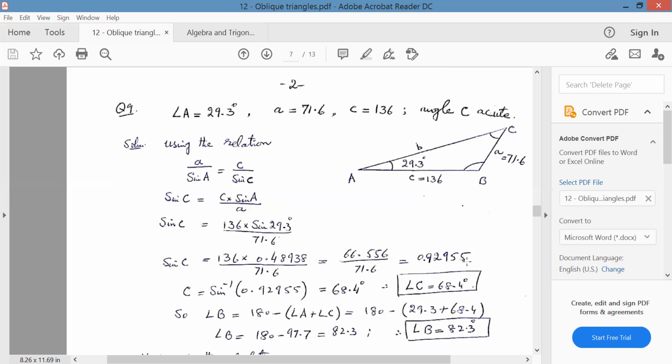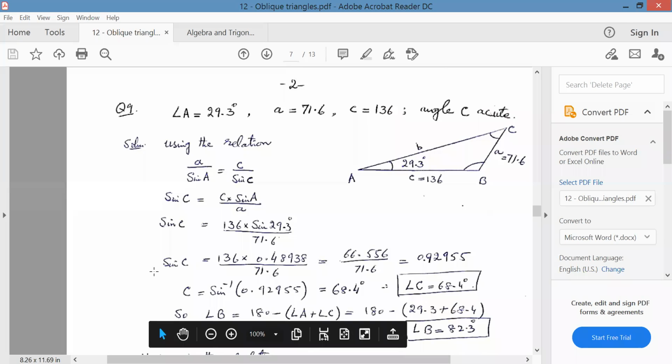But as you are interested to find the value of the angle C, what you have to do? देखिए हम साइन को डिवाइड नहीं कर सकते, ठीक है? So this is the trigonometric function. So once you wish to bring this sine to the other side, it will be written as sine inverse.